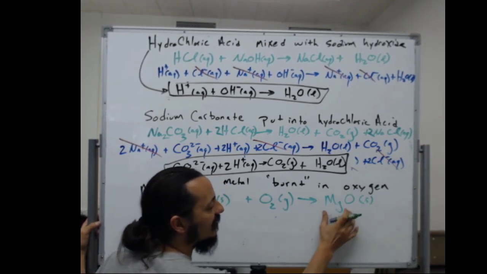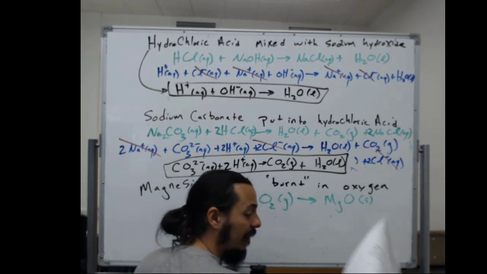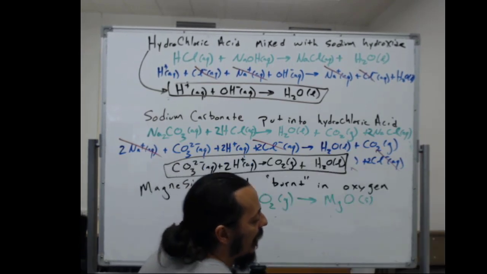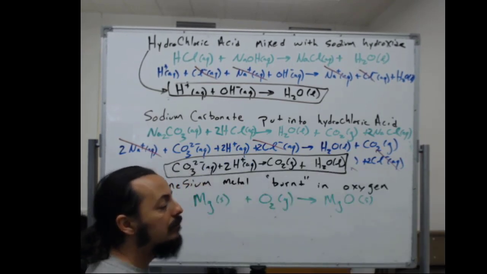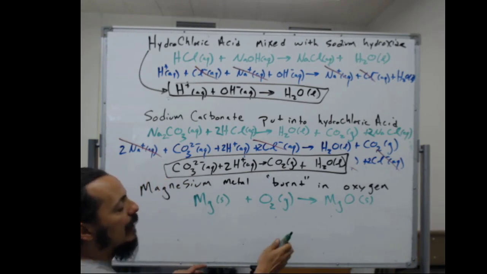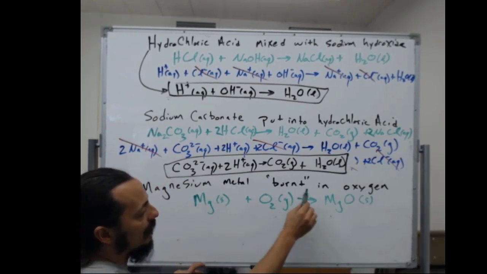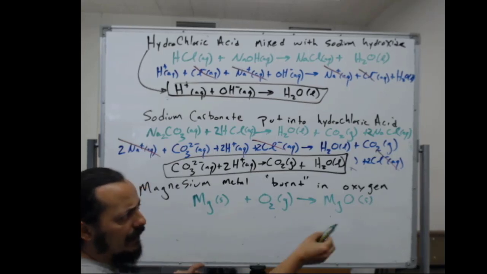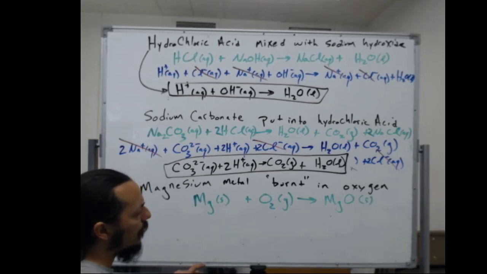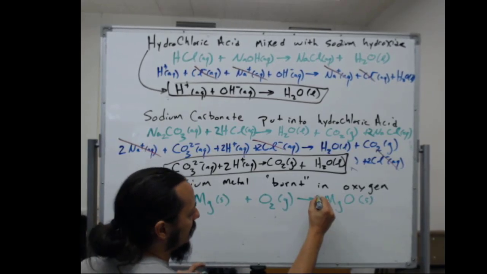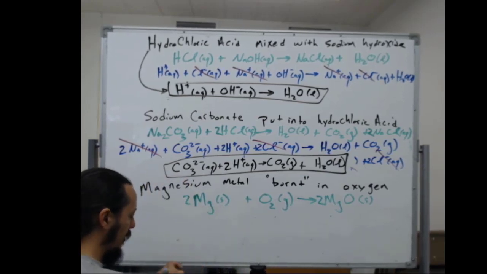And oxides are actually not on the solubility guidelines, but they are not soluble. Most situations are not soluble. You'll also notice that this is metal and oxygen gas. There's no water in this reaction either. We'll go ahead and balance it. 2.